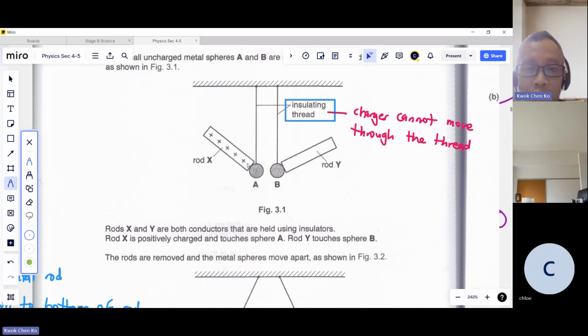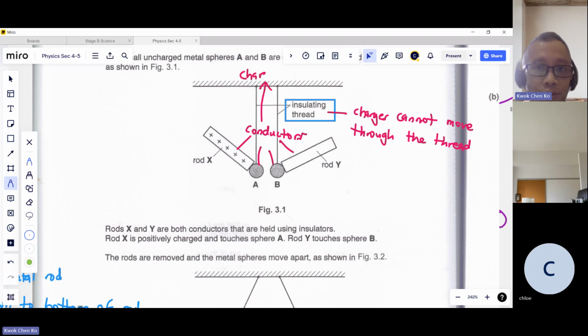First thing first, you have to mention that these are conductors. Now, of course, there's no need to write this in your answer. However, this also implies charges can move through them.